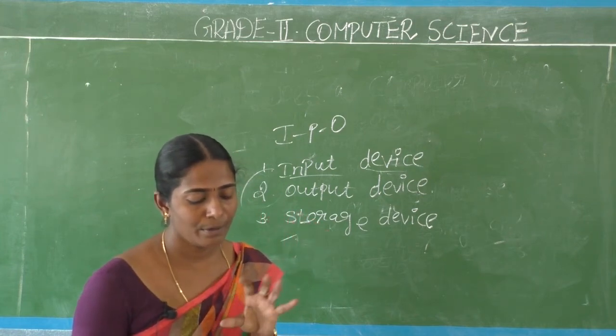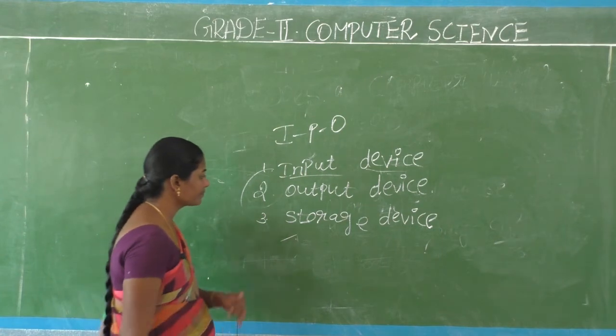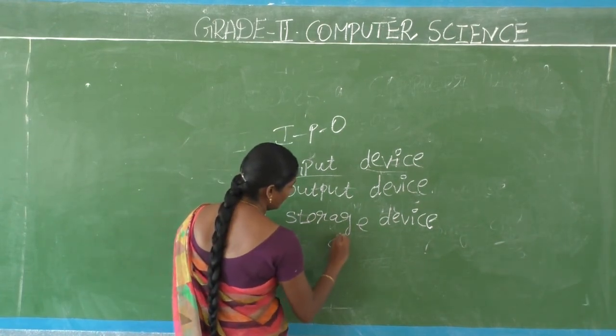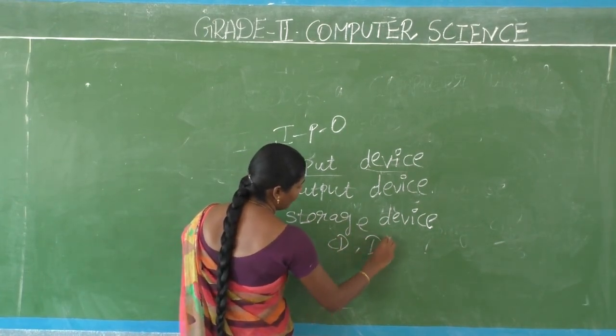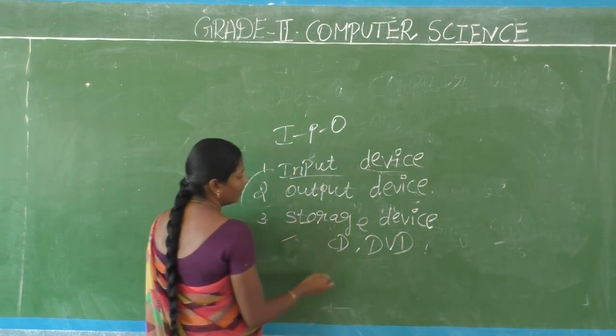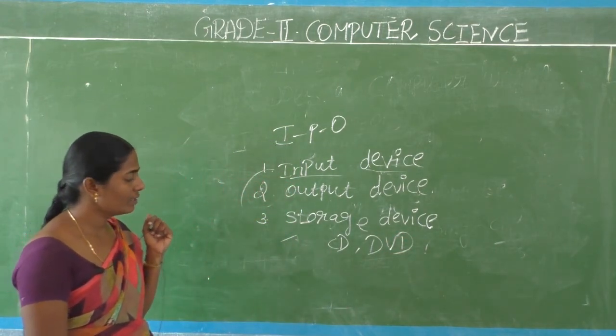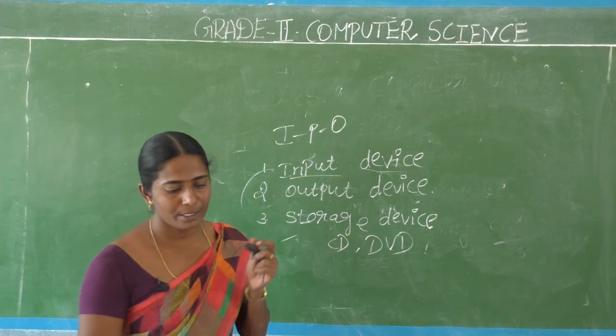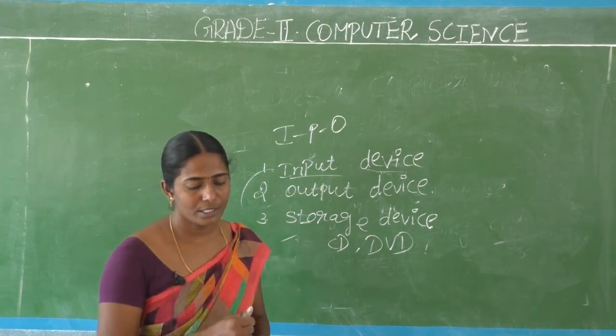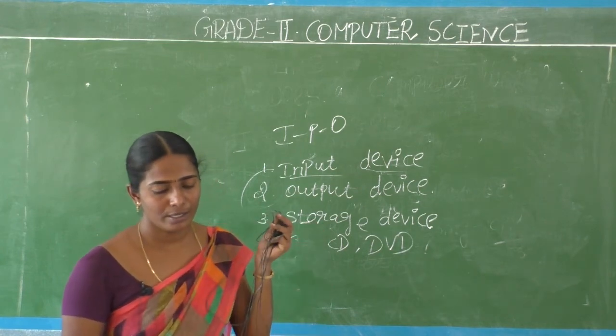Here is an example, CD. See examples of CD, DVD. What is this? CD and DVD. CD means compact disc. DVD means digital video disc.